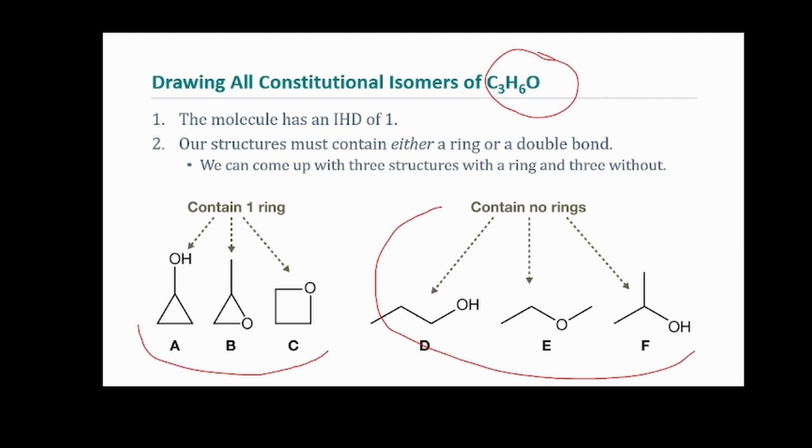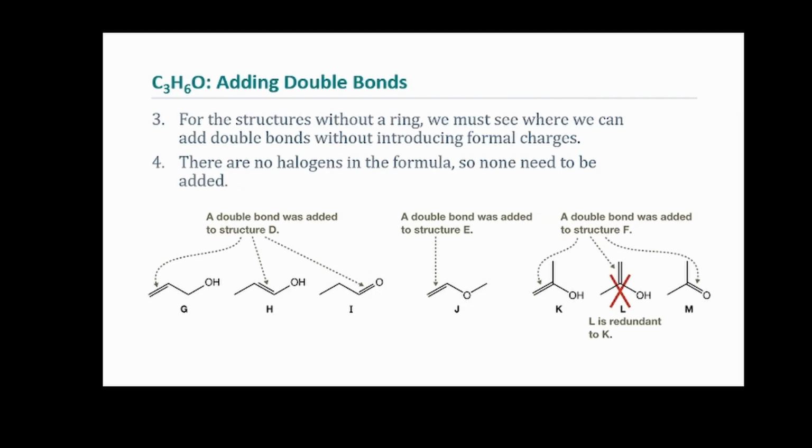So we have to write them out for now so we can add the double bond in later to the various different positions it could go. So the structures without a ring, we're going to have to add our double bonds. We have to add this without introducing formal charges. What does that mean? Can we add a double bond to something like this right here? No, oxygen doesn't want 3 bonds, does it? Yeah, that would add formal charges.